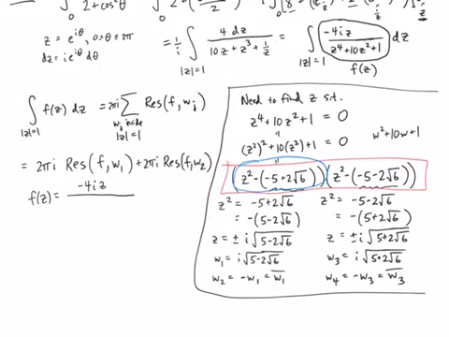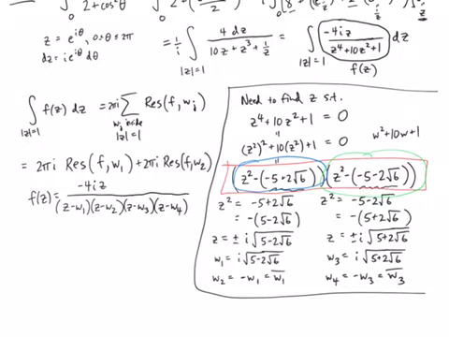So for example, we're writing this fourth degree polynomial in the denominator as z minus w1 times z minus w2, that's the first one in blue, and the other one we can write as z minus w3 times z minus w4.